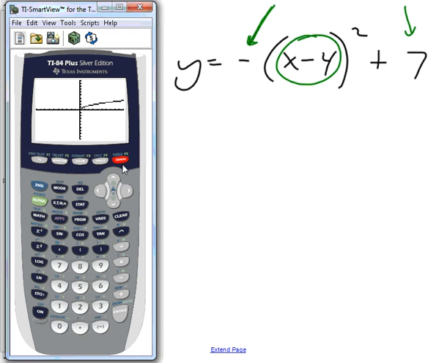So this time I'm going to show you how to do this with the window. Think for a second. Do we need any negative x's or negative y's? So go to the window button, and go to x min, and say 0 is the lowest minimum x I need, and the minimum y I need, 0. I don't need any negatives. And then hit graph.